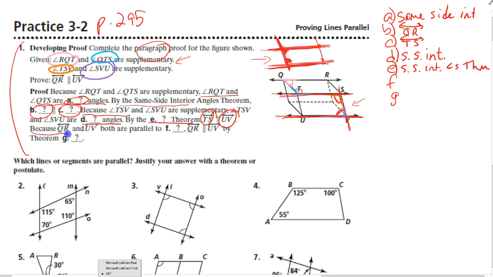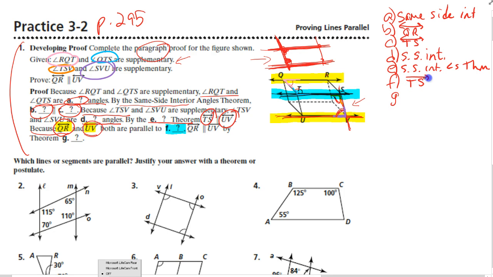Now, because line QR and line UV, so now we're talking about this line in the back, QR, and UV, are both parallel to something else. Guess what the something is? It's this front top line right here, line TS.